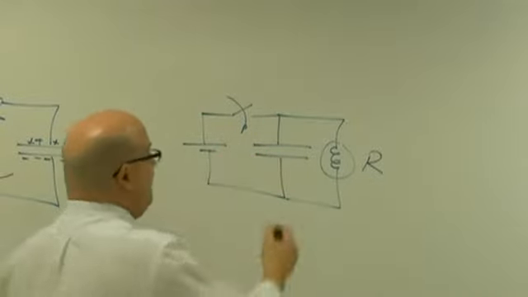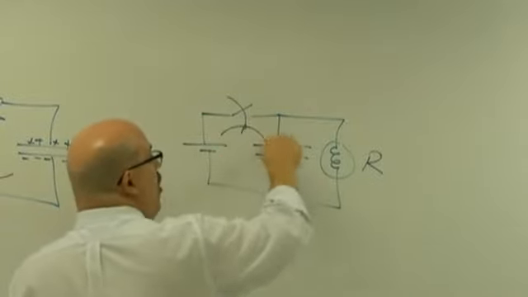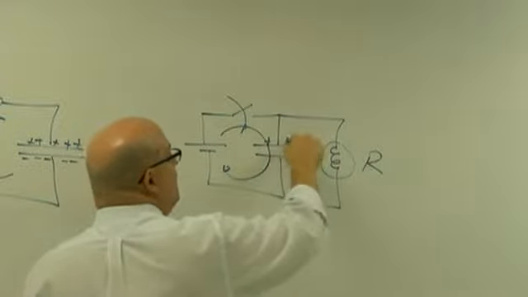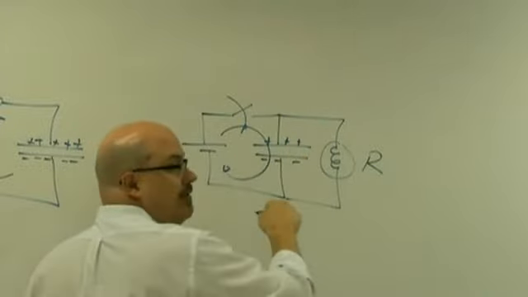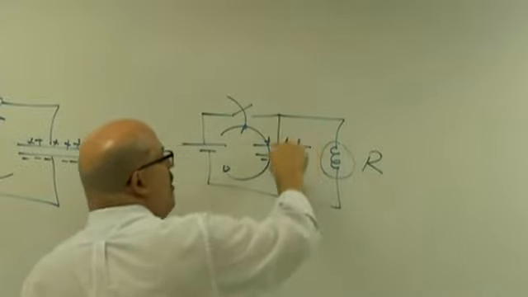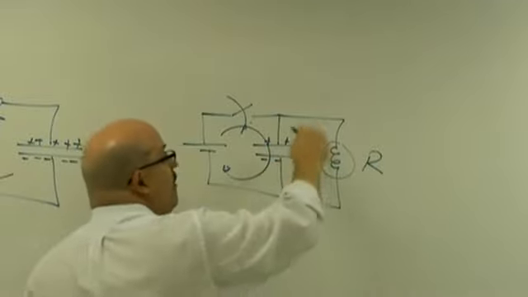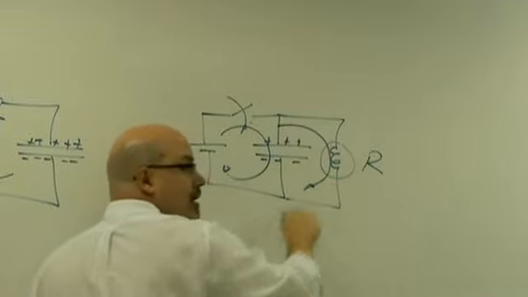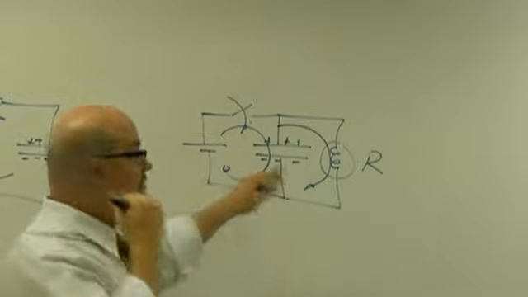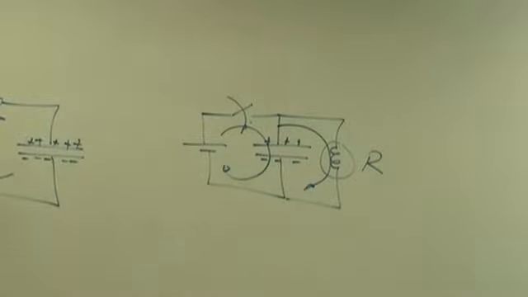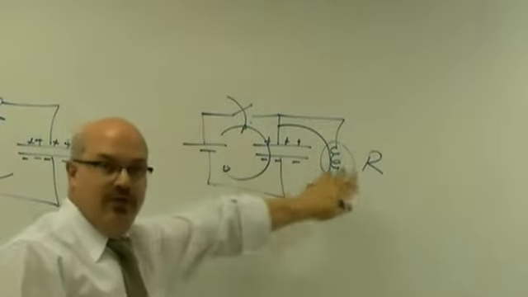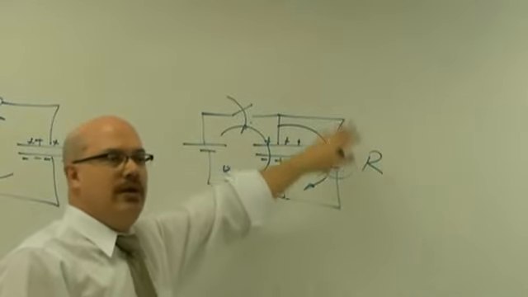So at the beginning, all the current goes this way. But then this thing starts to charge up, and slowly the current here starts to die out, and then the current starts to go through here. So this is just the opposite of that one. In that one, the light bulb's very bright, and then it dies out. This one, you throw the switch, nothing for the light bulb, and it slowly builds up.